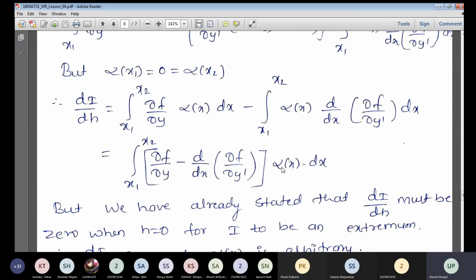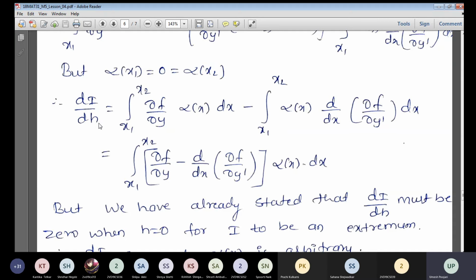If you take alpha of x into dx common, inside the bracket the remaining term from the first integral is dou f by dou y, minus, from the second integral, d by dx of dou f by dou y dash, whole bracket into alpha of x into dx. So the left hand side is dI by dh.